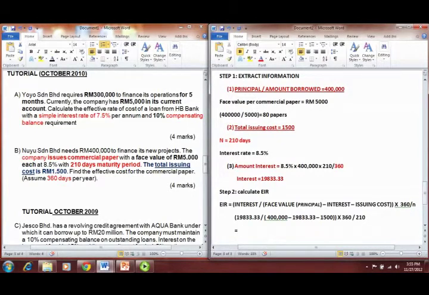Then don't forget to divide 19833.33 by 400,000. I advise you to calculate EIR using the formula: 19833 divided by 400,000 minus 19833, using the same amount of interest just now, minus 1,500.